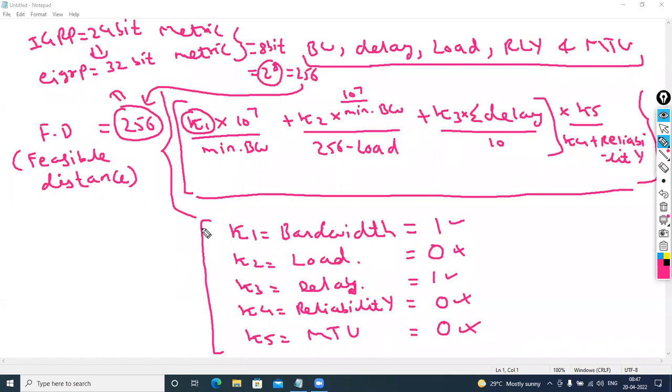Because your bandwidth and delay are static values, and your load, reliability, and MTU are dynamic values.